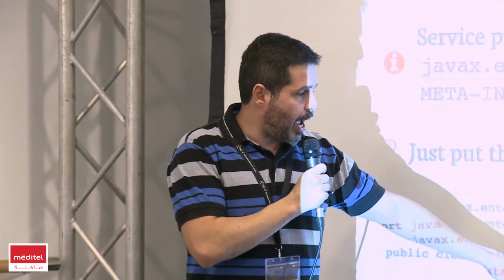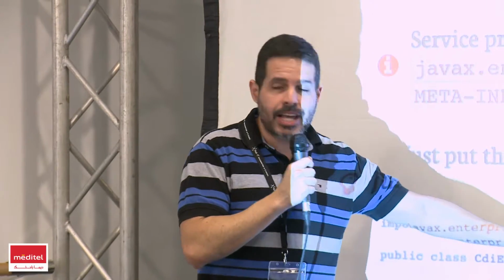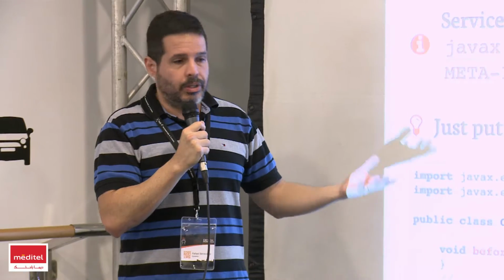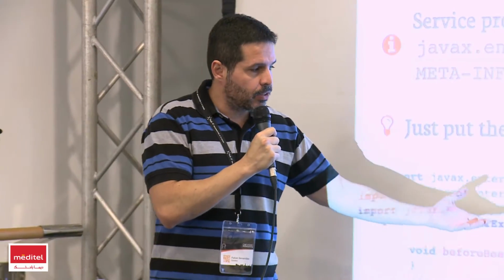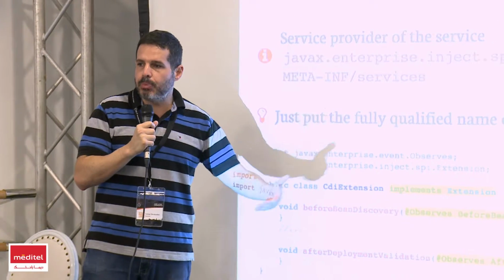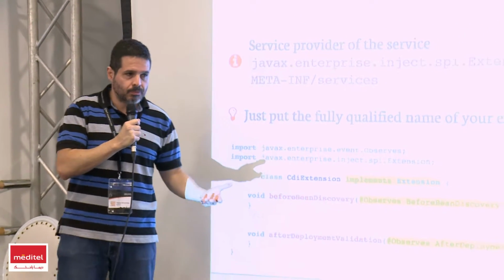Okay? In practice, how does that work if I want to create an extension? Basically, I need to implement the Extension interface, and then observe events that happen during the boot of CDI.